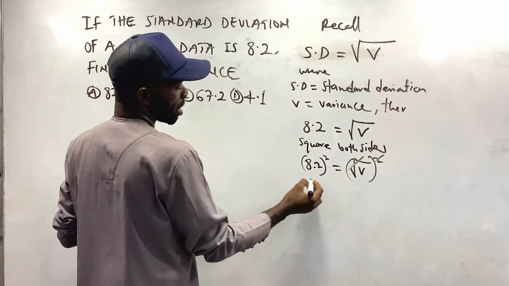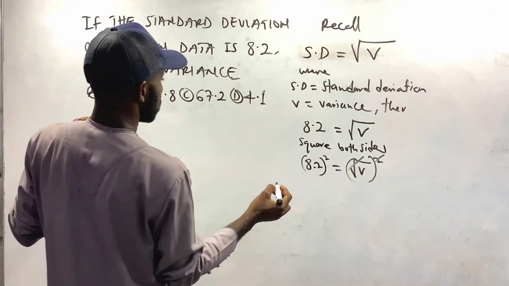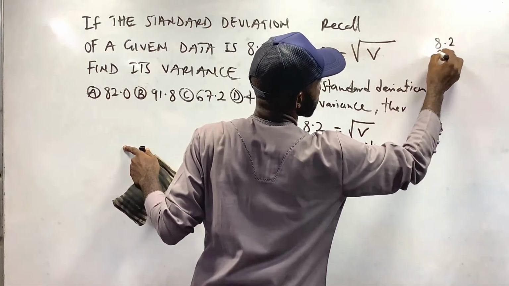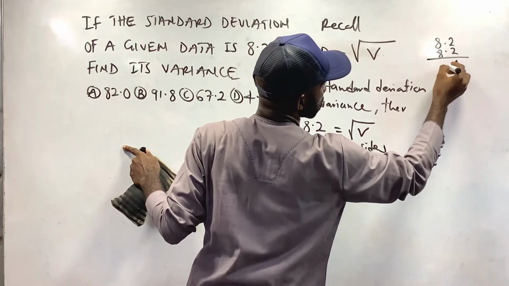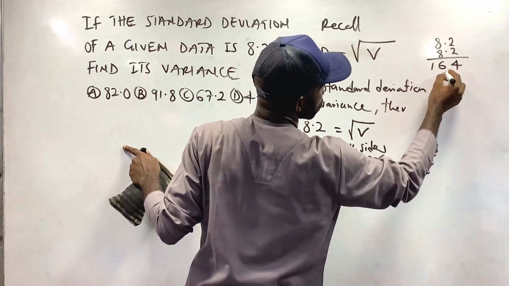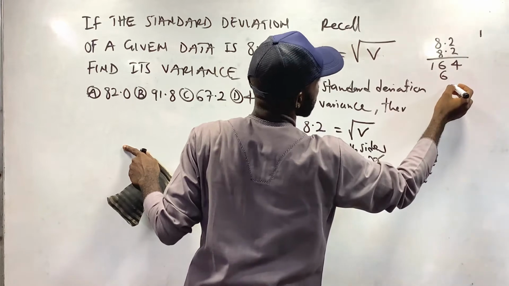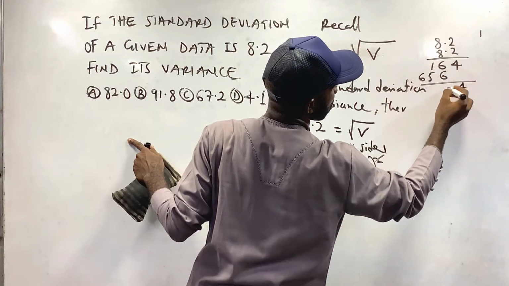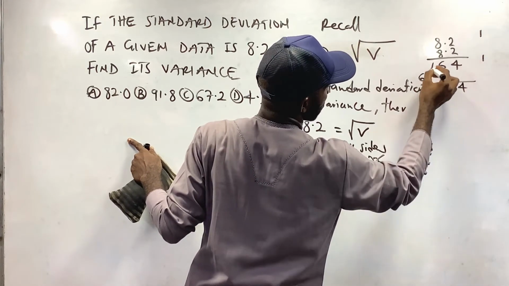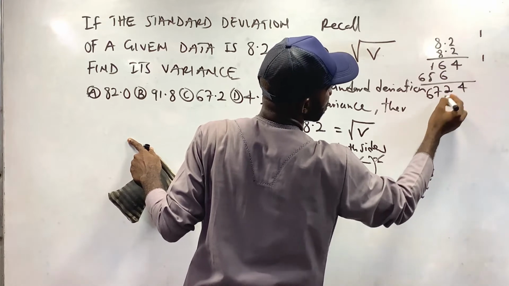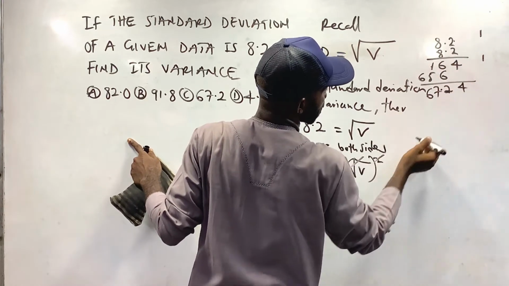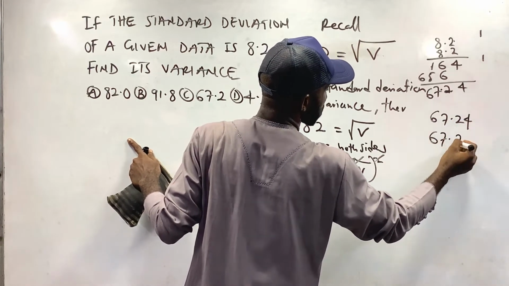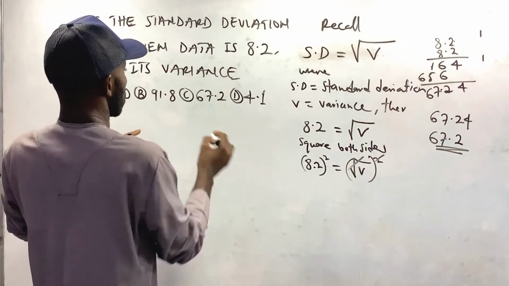This will take out the root, and then 8.2 squared will give you, let's simplify it, 2 times 2 is 4, 2 times 8 is 16, 8 times 2 is 16, you have 1, 8, 8, 64 plus 1, 65, and then you have 4, 2, 1, 5, 6, 7, and then 6 goes down. You count 1, 2, 1, 2, and put your decimal point. So it's 67.24. If you approximate this, it will give you 67.2 still, and that gives you option C.